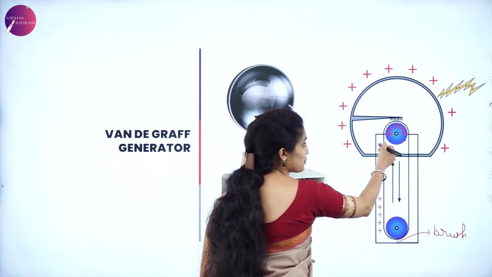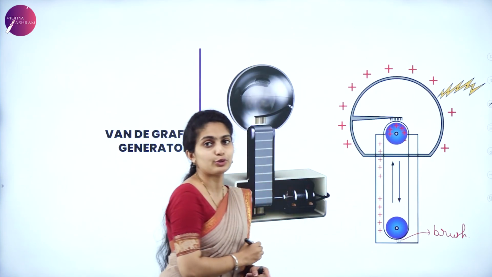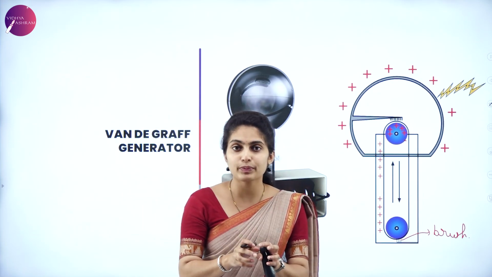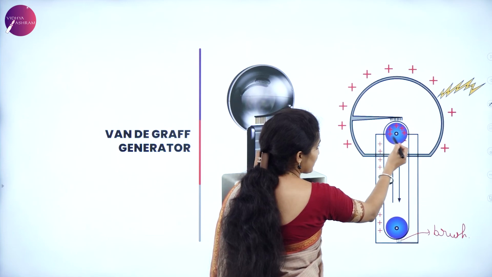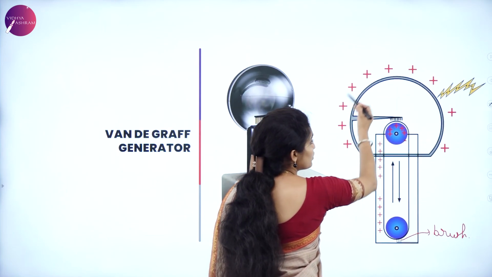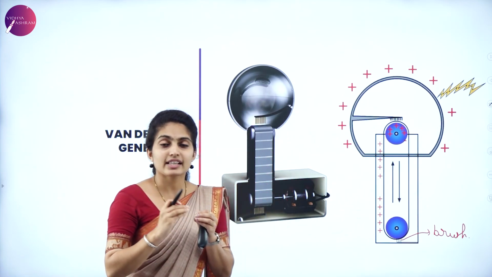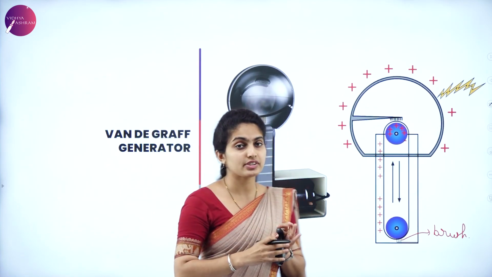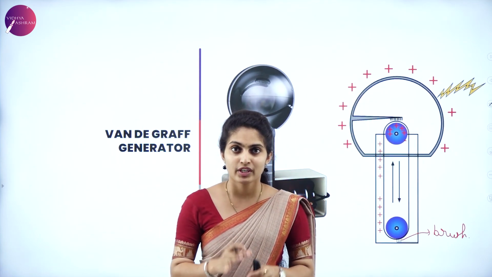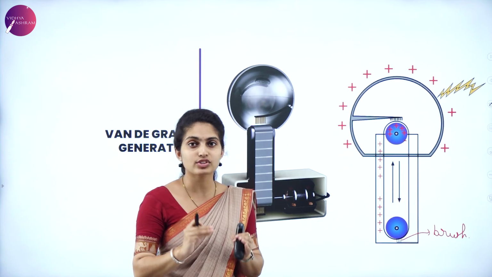The positive charges fall into the conducting sphere, and from that sphere the brush touching it takes all the charges towards the hollow sphere, where the positive charges assemble uniformly on the surface. So this is the Van de Graaff generator.